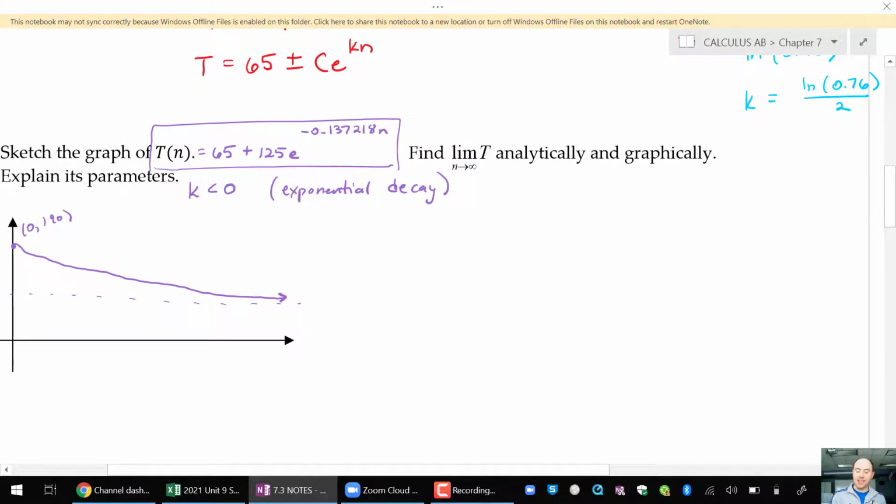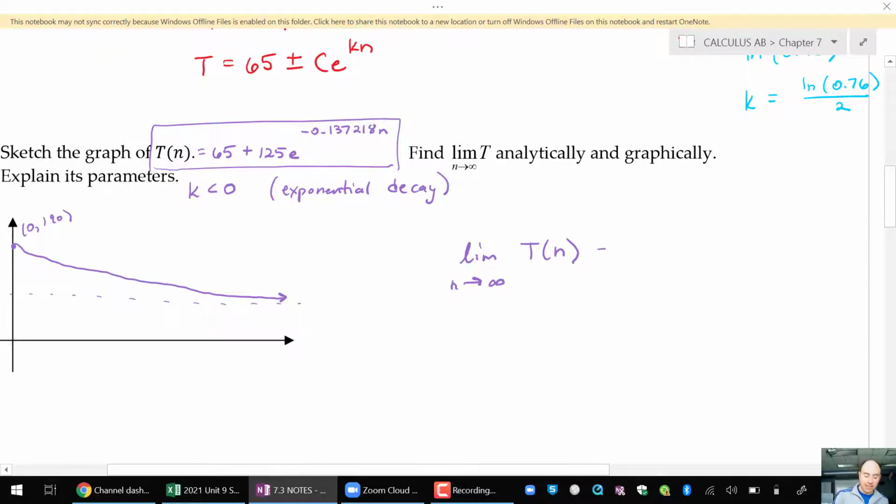Find the limit as n approaches infinity of t. Well, think about this. The limit as n approaches infinity of my function t would basically mean that this term with the e to the power of negative 0.137 times infinity, that's all essentially approaching 0, and then I have a plus 65 on the end.